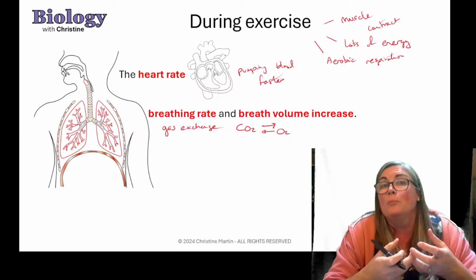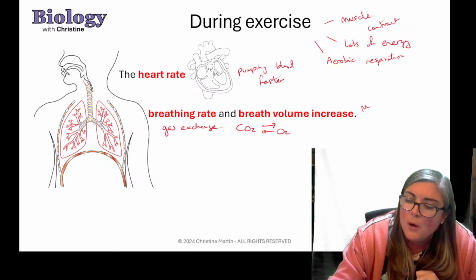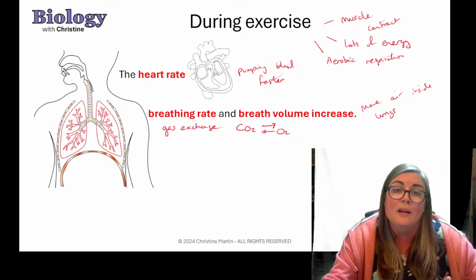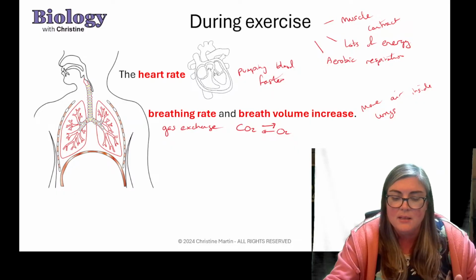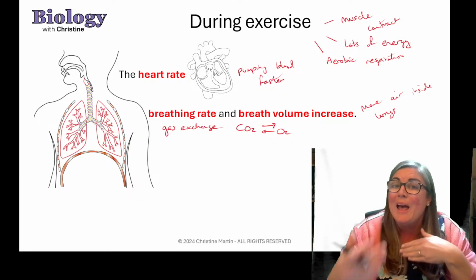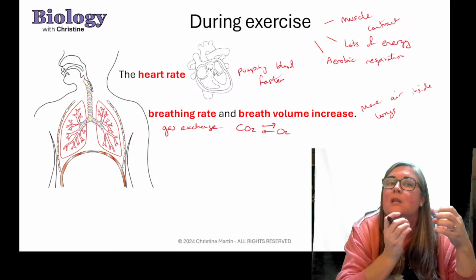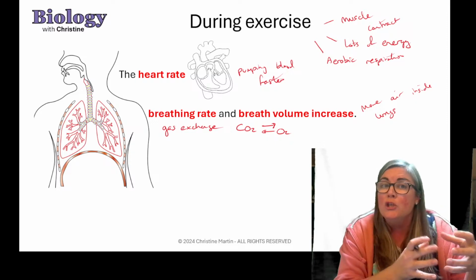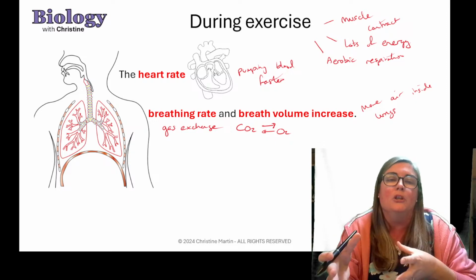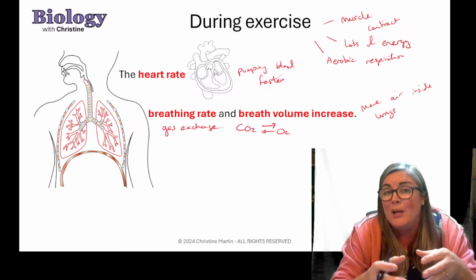And by increasing my breath volume, that means I have got more air inside my lungs. And if I've got more air inside my lungs, that means I will be able to have that concentration gradient. So I spoke last week about the concentration gradient and the diffusion of molecules. And this is where it interlinks with the topic area of bioenergetics.